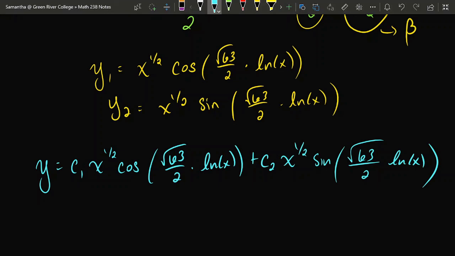The technique for solving a Cauchy-Euler equation was super similar to our technique for solving ODEs with constant coefficients. It's just that the guess had a different format. For constant coefficients, we guessed an exponential function e to the rx, and for a Cauchy-Euler equation, we guess a power function x to the power m.